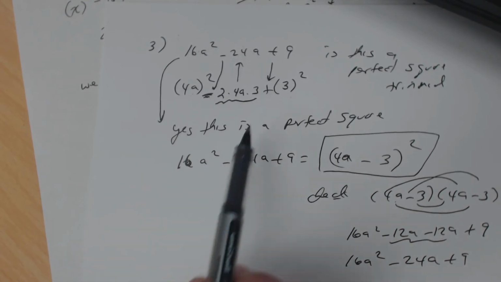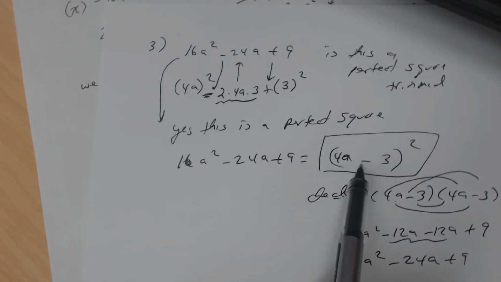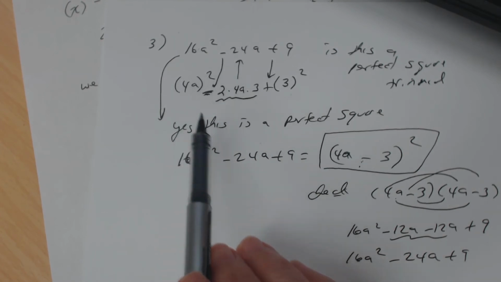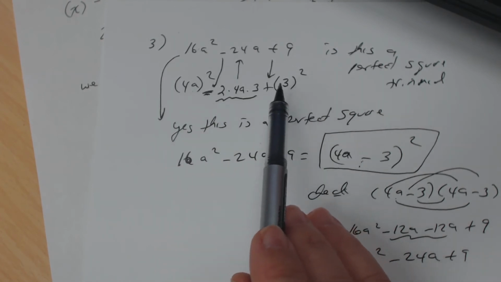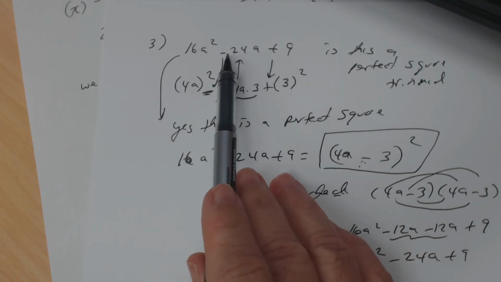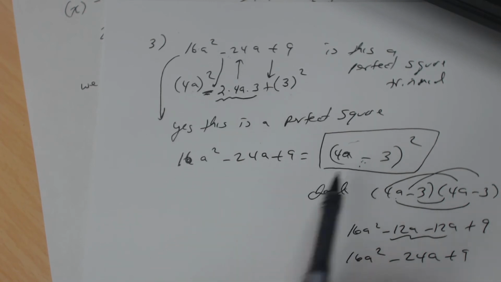If you can, then this is a perfect square trinomial, and then you can factor it as a binomial squared, where this is your a, the first parentheses, this is your b, second parentheses, and the sign in the middle is determined by this middle sign. Okay, if that was a plus right here, then that would be a plus, or a plus 3.